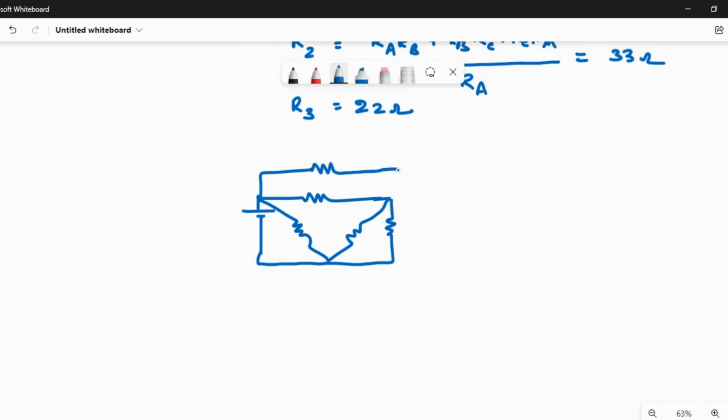The remaining resistors you draw as they are. Between these three terminals, the star connected network was previously connected, so between those three I'm connecting the delta network. I'm replacing the star with the delta. Now the R1 value we got is 5.5, R2 is 33 and R3 is 22. This resistance is 4 ohm, which is given in the network, this is 5 ohm, and the voltage is 10. Now if you look here, these two resistors are exactly one across the other.